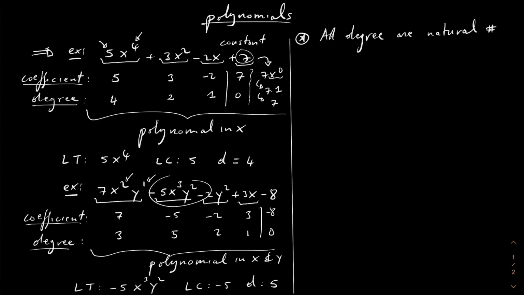You cannot have a variable with a natural power sitting on the denominator, and all the coefficients can be anything you want. Coefficients can be real numbers, so they can be square roots, rational, irrational, decimal, negative, it doesn't matter. The only restriction here is on the degree of the individual variables making up the polynomial or making up the expression.